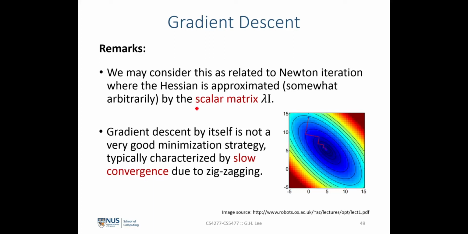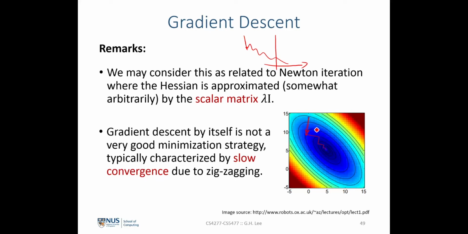And gradient descent itself is actually not a very good minimization technique. The reason is that we are computing the direction of the movement with respect to the gradient, and the cost function that we have might be locally not smooth. So what this means is that by computing the gradient, we might be moving in many zigzag directions before we reach the optimal point.